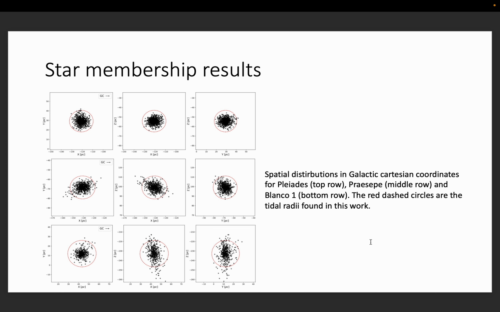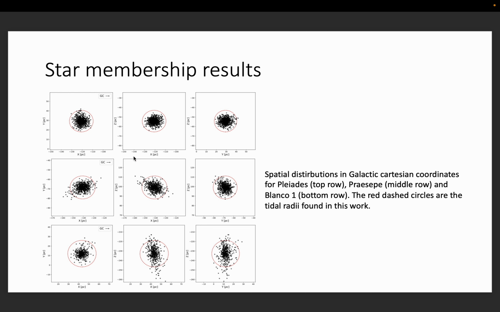Finally, with the sample of the two algorithms and the cross-matching, we build the spatial distribution and plot the tidal radius in order to observe how these stars are distributed along the region of the cluster.